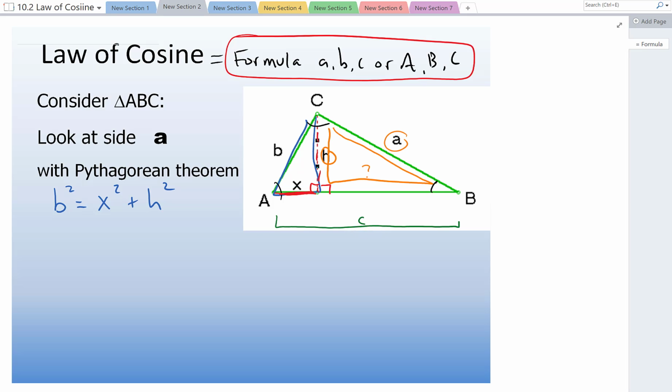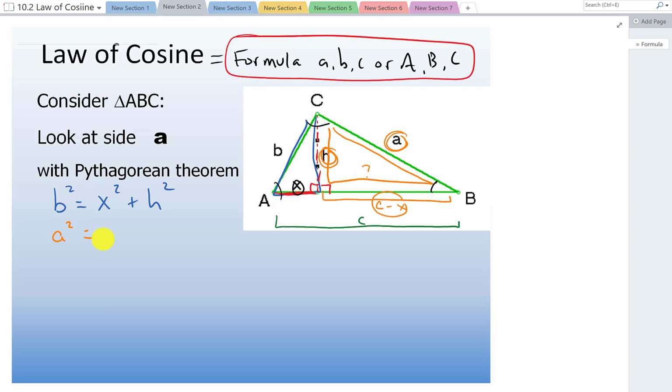And this side is x. So that means this little piece here has to be equal to the distance c minus x. And so actually I have at least a formula for all three sides of this orange triangle. I'm going to use that to make another equation.